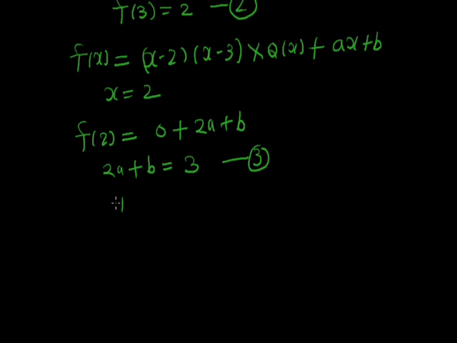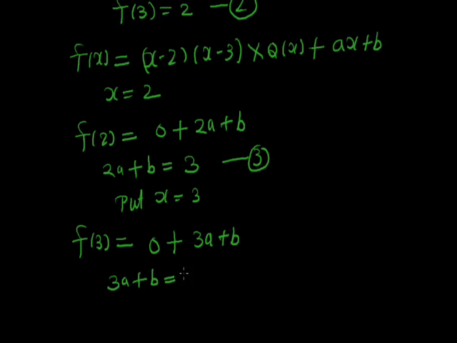Now if I put x is equal to 3, what is the value of f of 3? f of 3 is given by, again, the first expression becoming 0 because of the factor x minus 3, and the next term is 3a plus b. According to the question, we are given f of 3 is equal to 2. So 3a plus b is equal to 2.